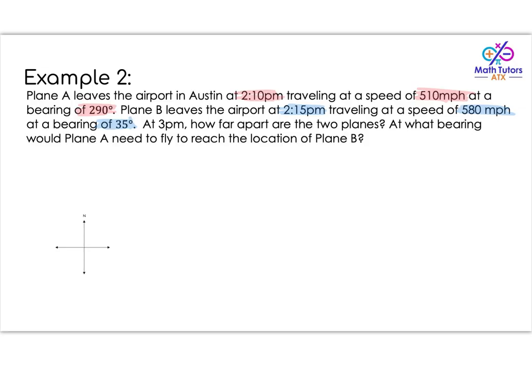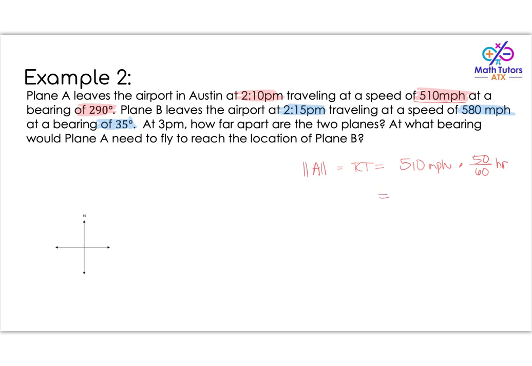First things first, if I know that I left at 2:10 and I'm traveling 510 miles per hour, I need to find the magnitude of A first. So remember, distance is just going to be rate times time. So I'm 510 miles per hour, and 2:10 to 3 o'clock is going to be 50 minutes, or 50 out of 60 minutes, or 5/6 of an hour.